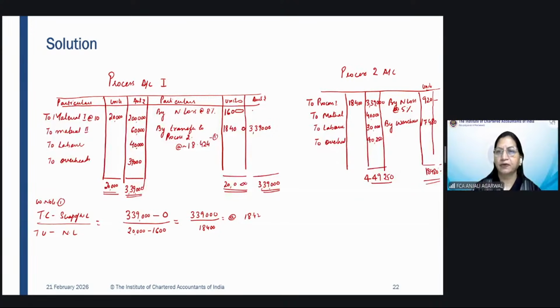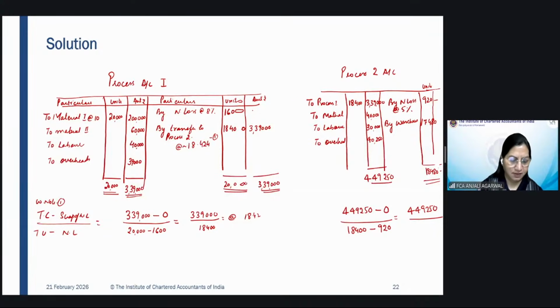Similarly, in this way, 339 plus 40,000 plus 30,000 plus 40,250. So it becomes 4,49,250. Scrap realized from sale of normal loss 5%, 0. Total units 18,400 minus 5% normal loss, which is 920 units. So it comes out to be 449,250 divided by 18,400 minus 920.